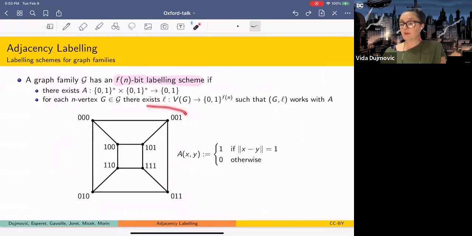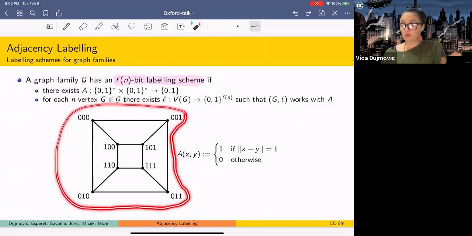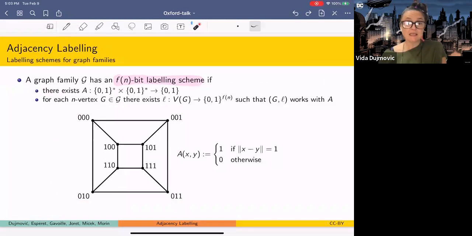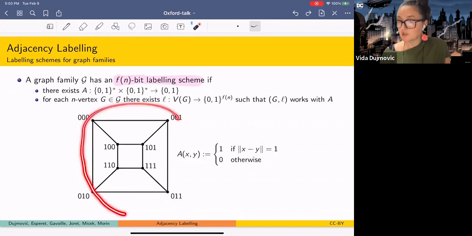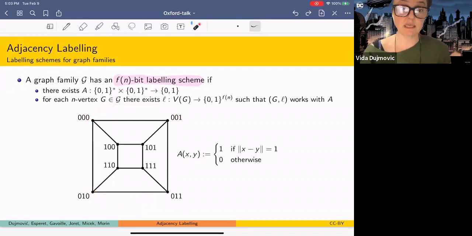So this type of labeling exists for all d-cubes. So we can say that the family of d-cubes has a log n bit labeling scheme, if you use the standard labeling and an adjacency tester that does the test for Hamming distance. So that's one family of graphs for which we know a nice, concise labeling scheme.